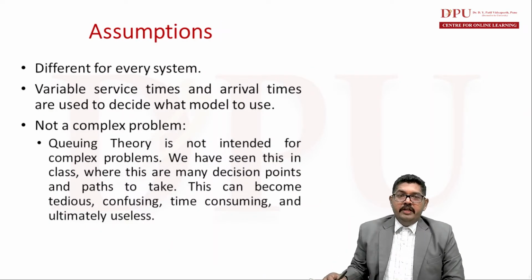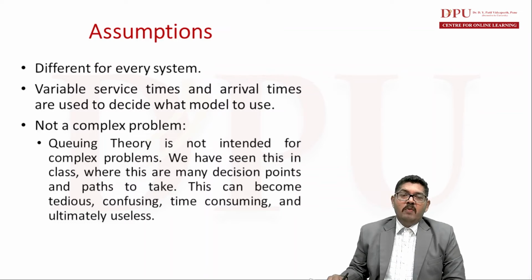Assumptions in queuing theory are different for every system. There are many variations in queuing theory, and according to these variety of models and systems, there are different assumptions. Variable service times and arrival times are used to decide what model to use. So the probability distribution followed by the arrival rate and service rate determines the model.